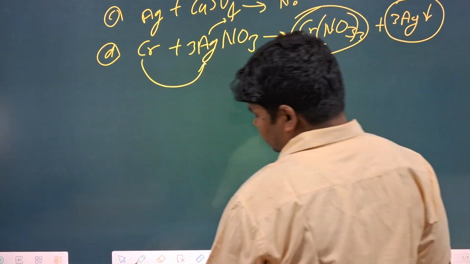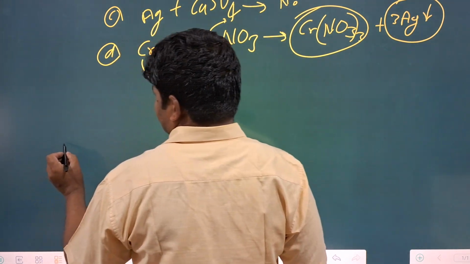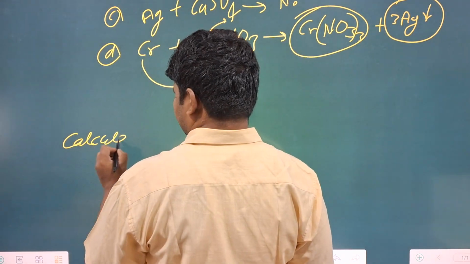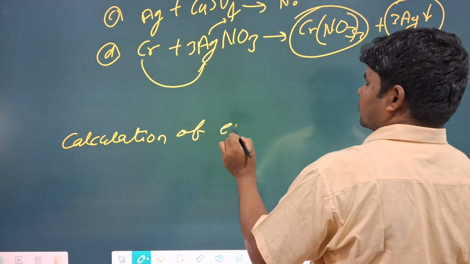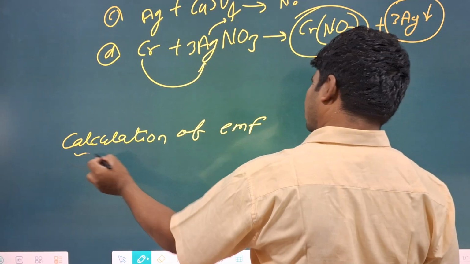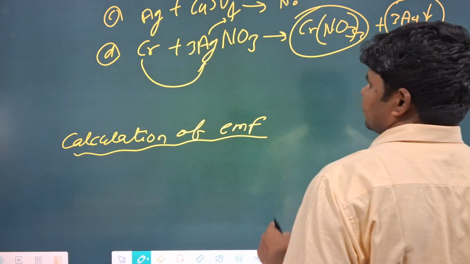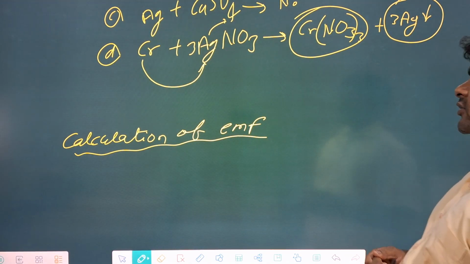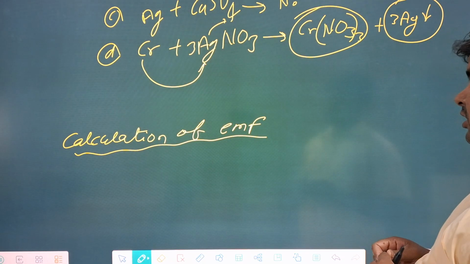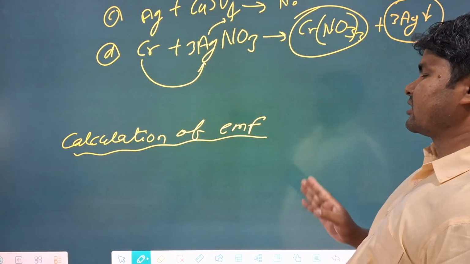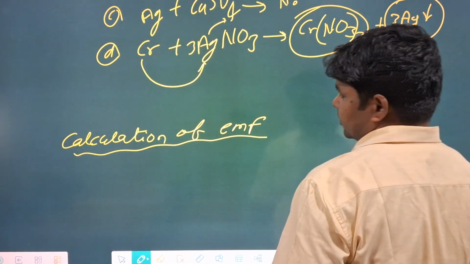Then the next application of the electrochemical series is calculation of electromotive force of a cell. If the value of reduction potential or oxidation potential is given, then the difference of electrode potential of the oxidizing and reducing agent gives the electromotive force easily.